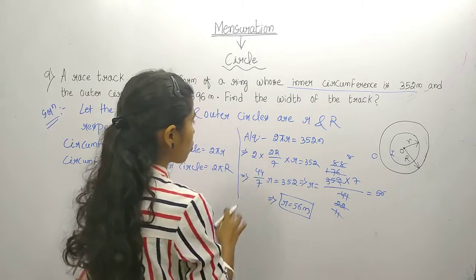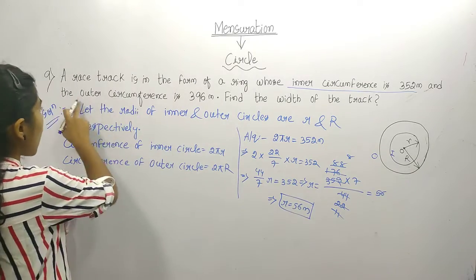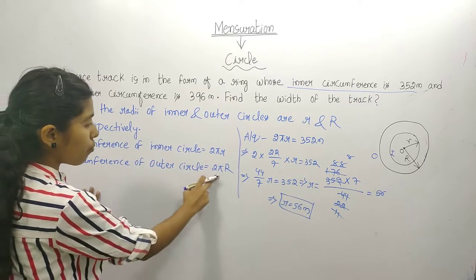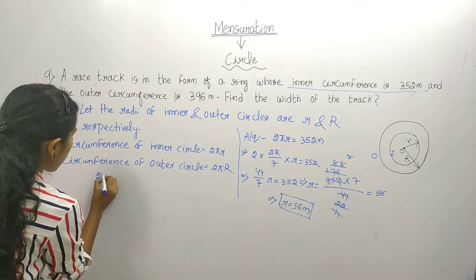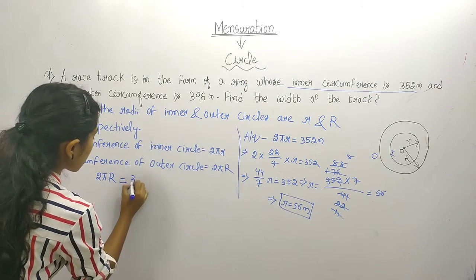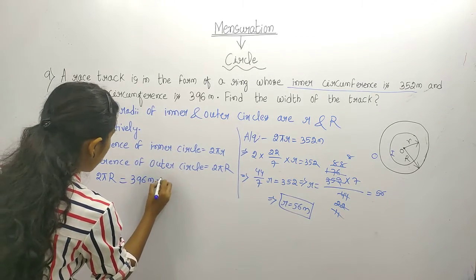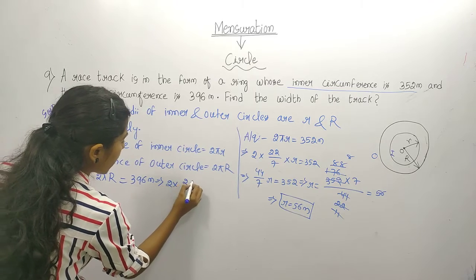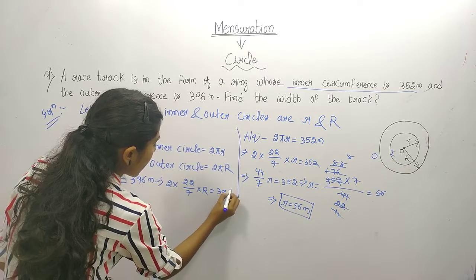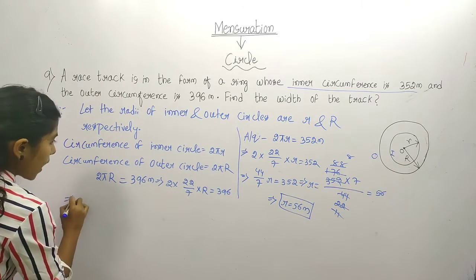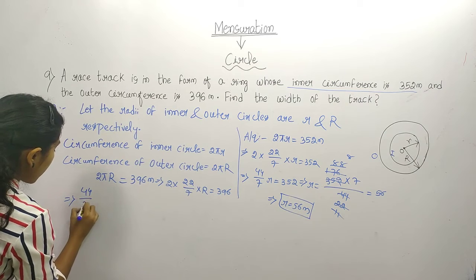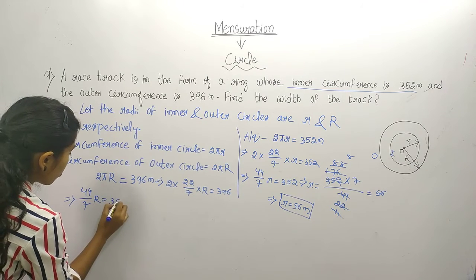Now let's come to the next. The outer circumference is 396 meter. So outer circumference is 2 pi capital R. So 2 pi capital R equals 396 meter. Okay. So that implies 2 into 22 divided by 7 into capital R equals 396. So 44 divided by 7, R equals 396.